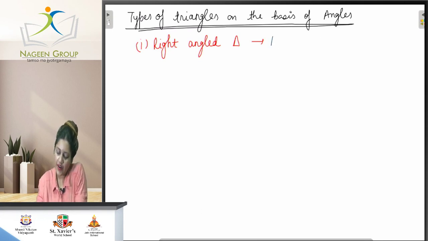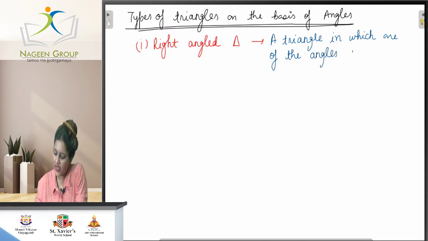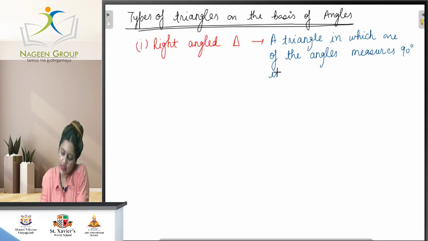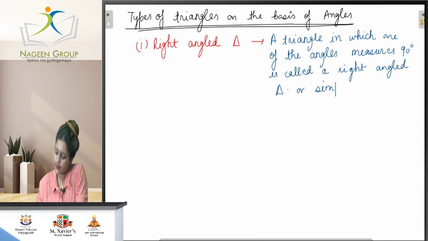The definition is a triangle in which one of the angles measures 90 degree is called a right angled triangle, or simply a right triangle.